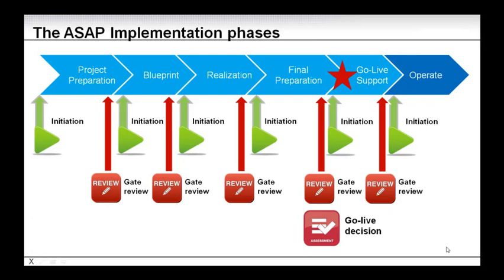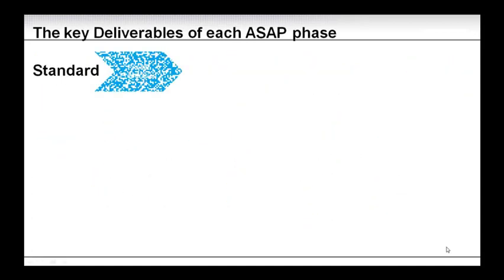Around the go live, we need an additional step: we need to make a go live decision. For that, there is a go live readiness assessment, and then a formal go live decision. Are we go for go live or not? These are the major activities that start and end each of the 6 phases.